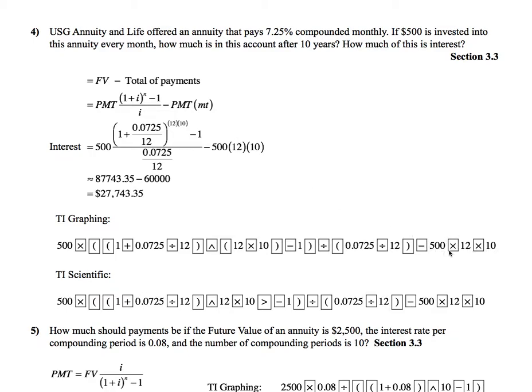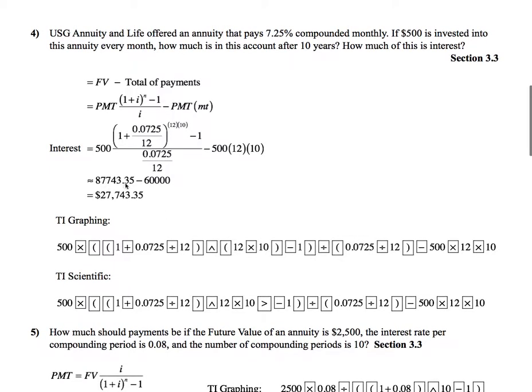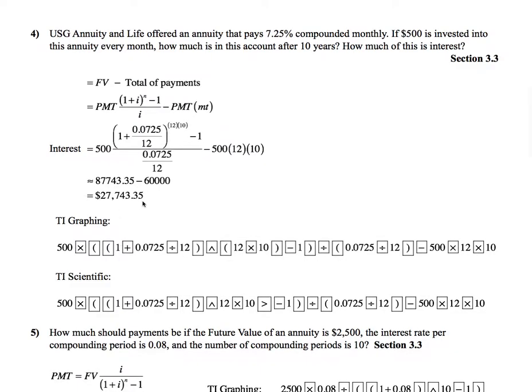It's very easy. 500 times 12 times 10. That's 60,000. You subtract that from the 87,743.35, and you get the amount of the interest. So that's the amount of the interest.